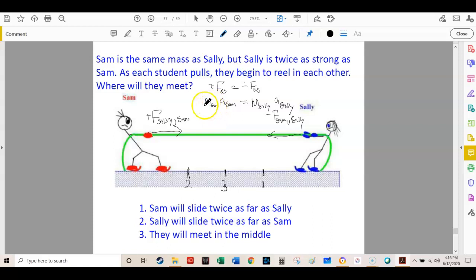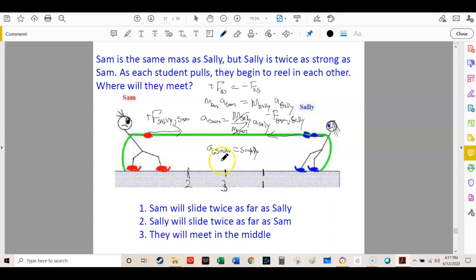So if Sam's mass is equal to Sally's, that will be mass of Sally over the mass of Sam times Sally's acceleration. If those two things are the same, what this says is that Sam's acceleration should be equal to Sally's acceleration.